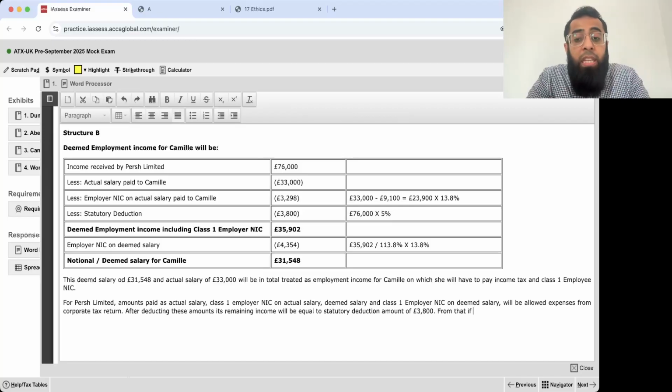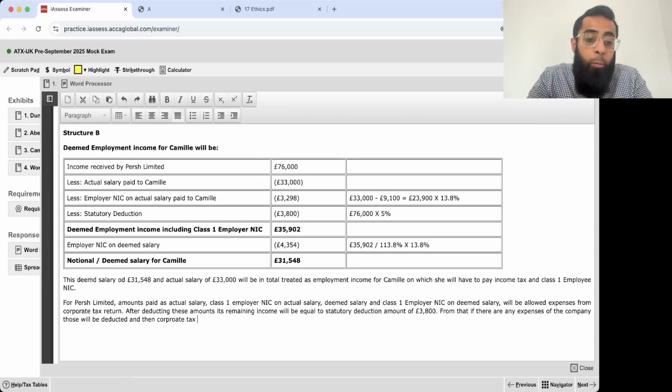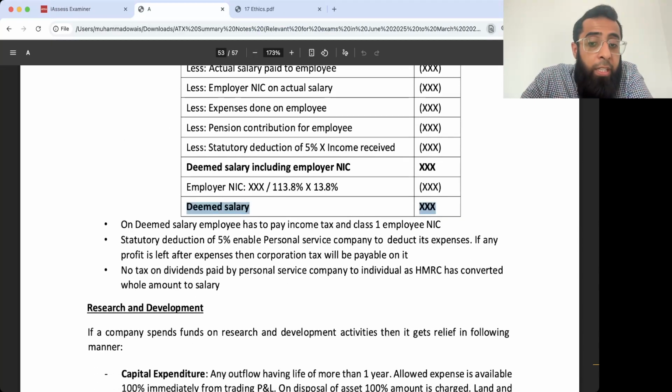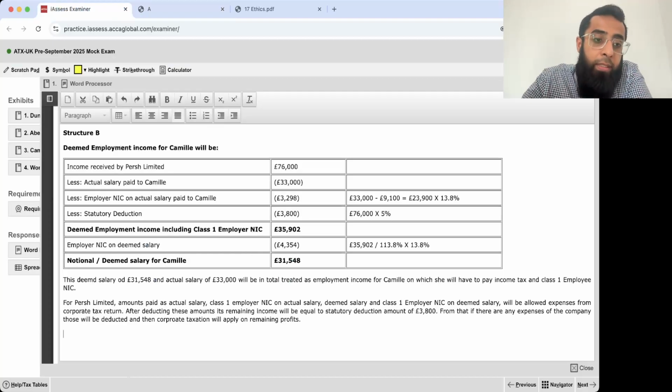From that, if there are any expenses of the company, those will be deducted, and then corporate tax will apply on remaining profits. Okay, all of these things we have already studied. On deemed salary the employee will pay this, the company will have this 5% amount remaining, it will deduct the profits, and then corporate tax will be payable. All the things you have studied.